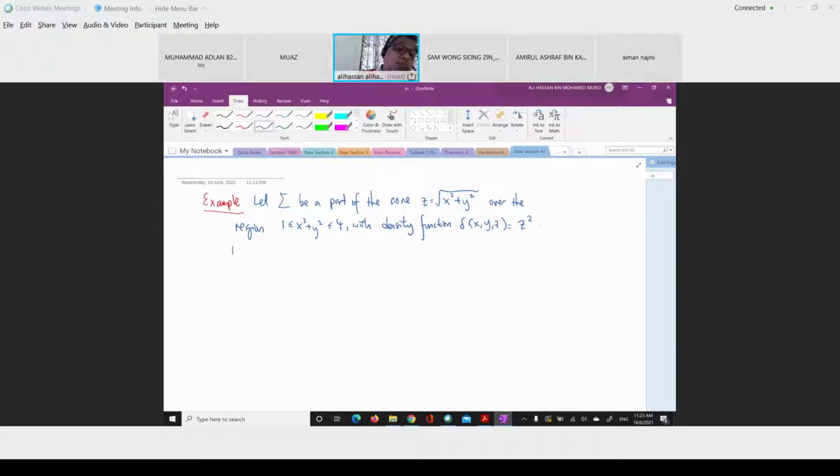Determine the mass of the surface sigma.